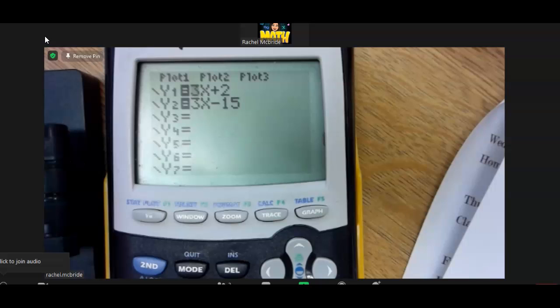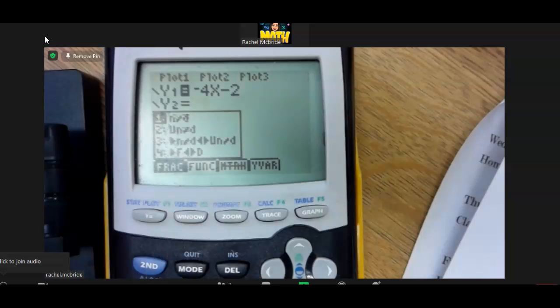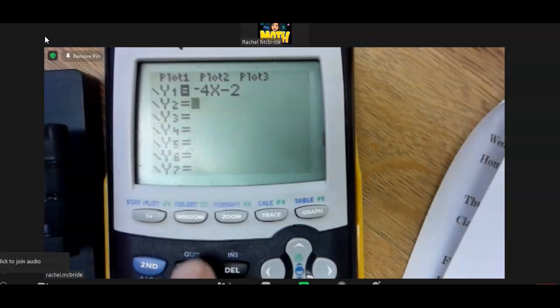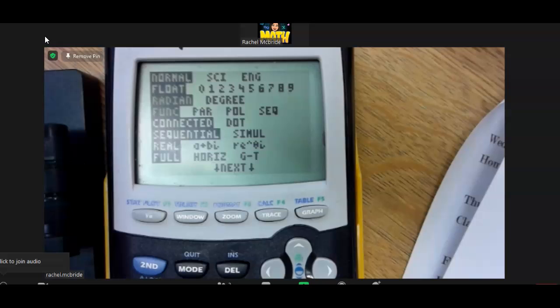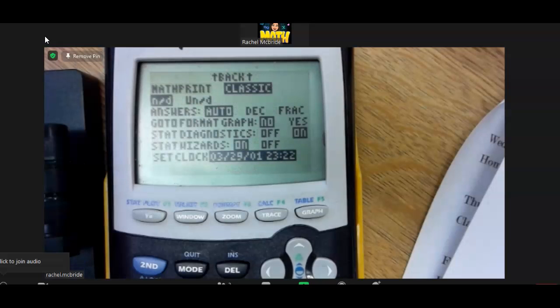Okay, number 2 for part C. Negative 4x minus 2. And then alpha y equals to get the fraction. Sorry, this mode's in the old font.